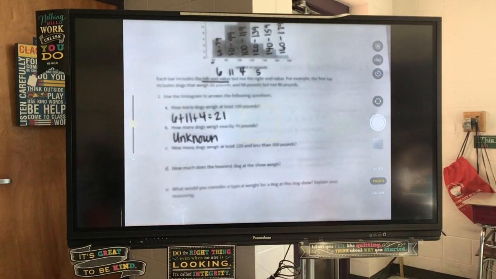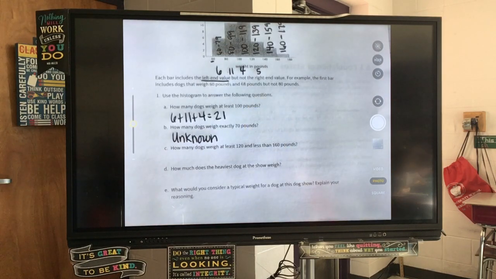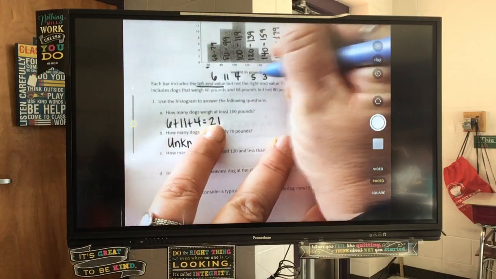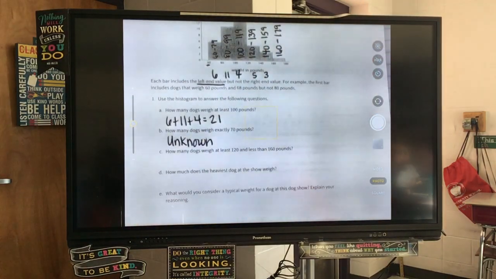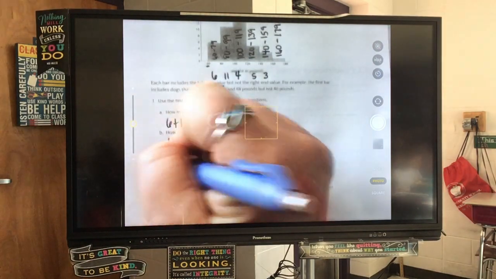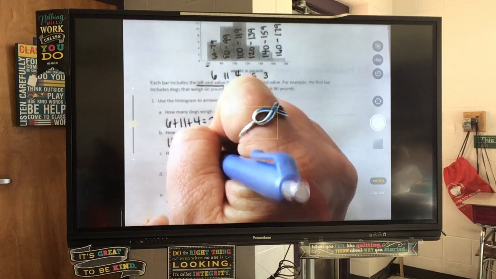But they have to be less than 160. So how many dogs are in the 160 category? What does it look like? Elizabeth? 3. All right, so what are we doing with that 5 and that 3? Andrew? Yep, so 5 plus 3 equals 8.